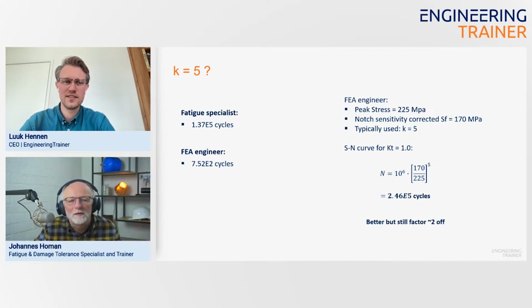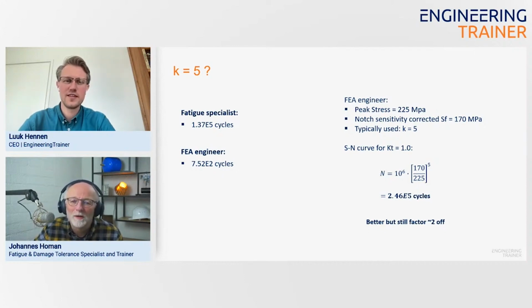And we use then the k is 5. Well, you can have another calculation, and then you would end up in this case with 246,000 cycles. That's much better than this 750 cycles, but it's still a factor 2 off the result you would have with the Kt 2.5 SN curve.